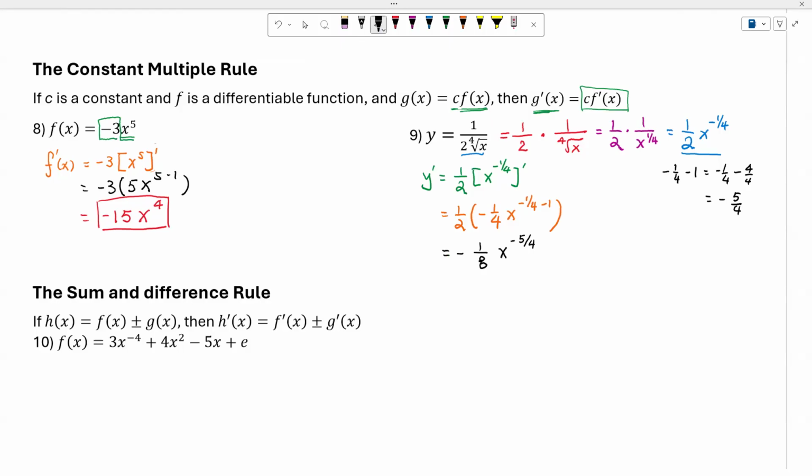Now let's see how we actually simplify these expressions.